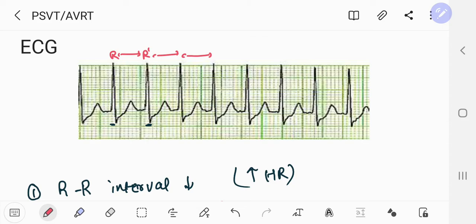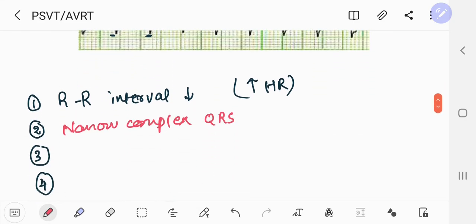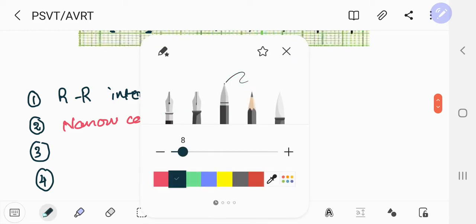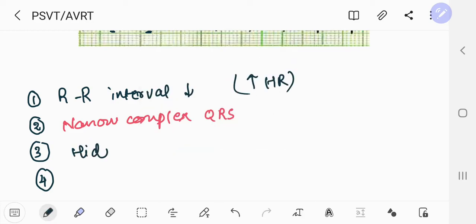But here we can't find it. This is QRS, and then this is a big wave, which doesn't seem like P, doesn't seem like T. Why? Because P and T waves are merged. So the P wave wouldn't be seen in this. So we say that there is a hidden P wave.